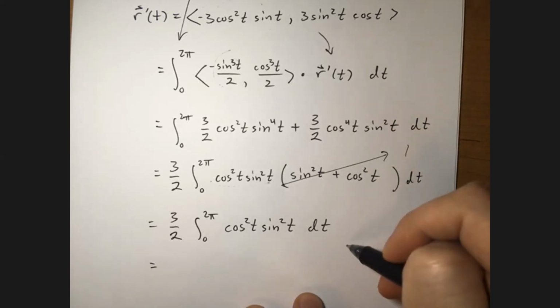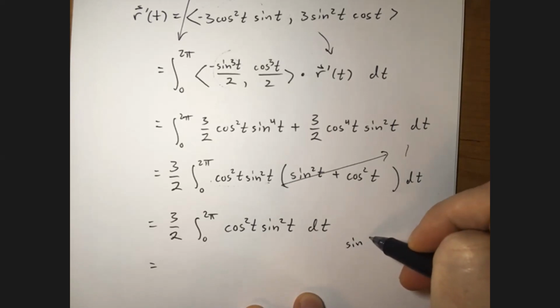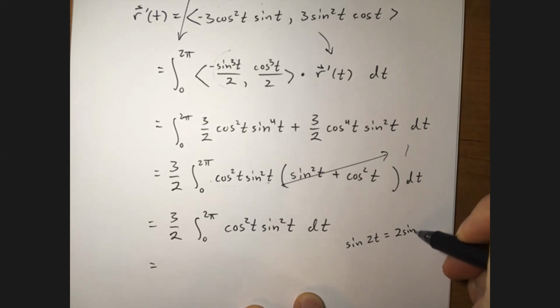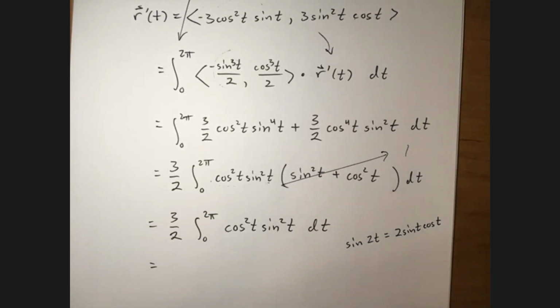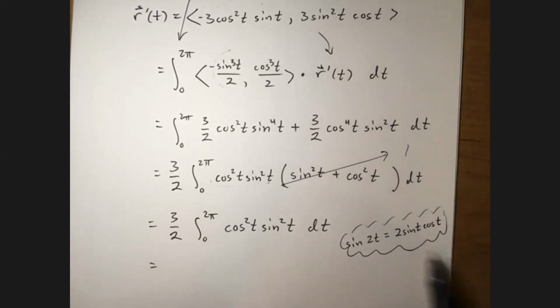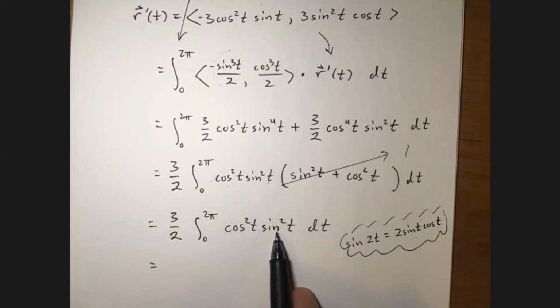There's a trig identity that says sine of 2t is the same as 2 sine t cosine t. Okay, that's a trig identity. So here I have sine t cosine t, and it's squared.